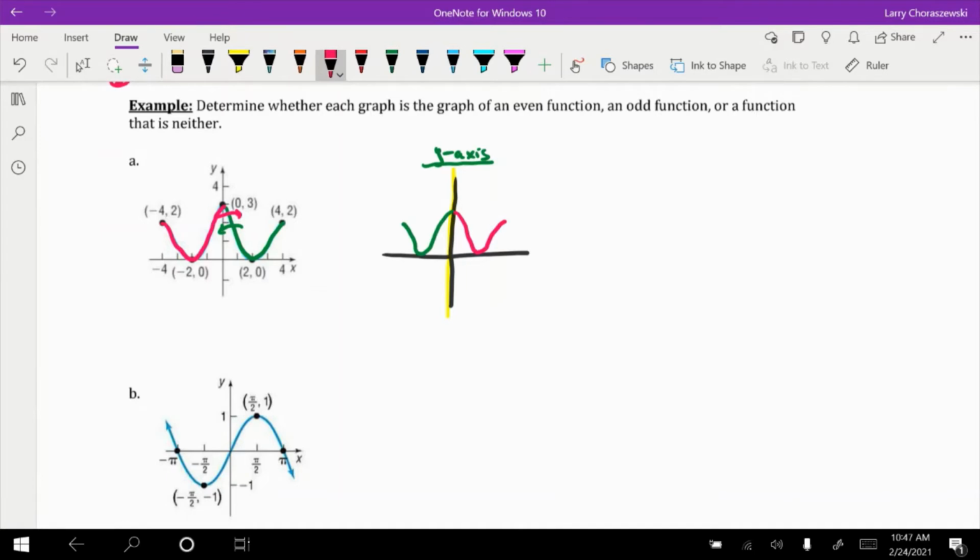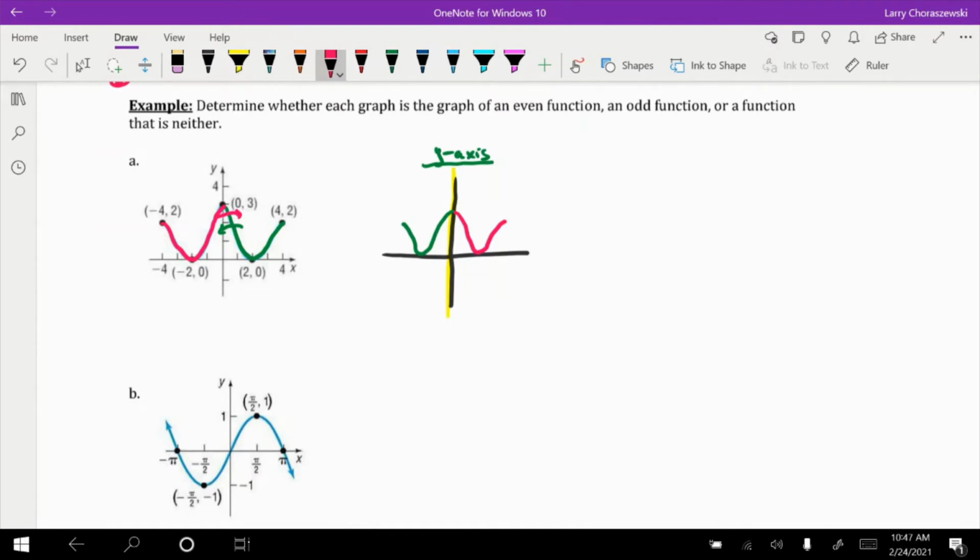Now, all things considered, this isn't drawn 100% accurately. Do you think this would look any different than our original graph if it were 100% accurate? Correct.